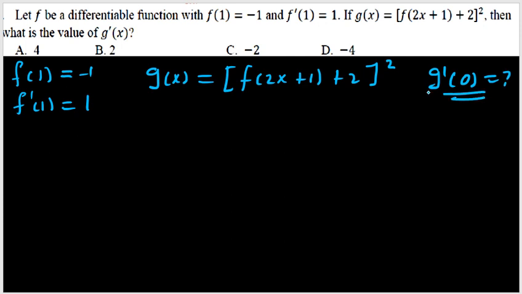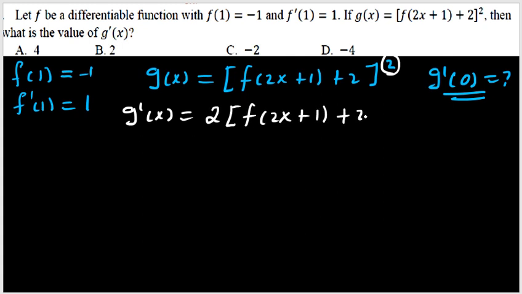So what to do to get the derivative of g at 0? First derive g and then substitute 0 in place of x. Let's derive g. The derivative of g of x will be, first of all, this exponent will be a coefficient, so 2 times (f of 2x plus 1 plus 2), then the exponent will remain 1 because we reduce by 1, but the chain rule has to be applied here, the inner derivative.